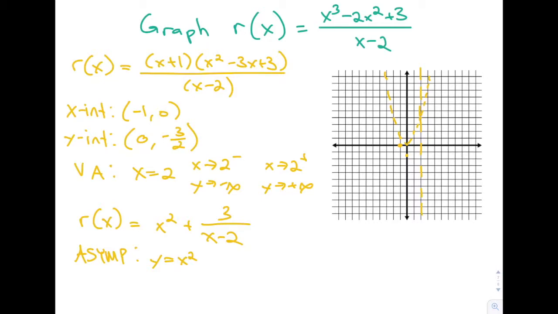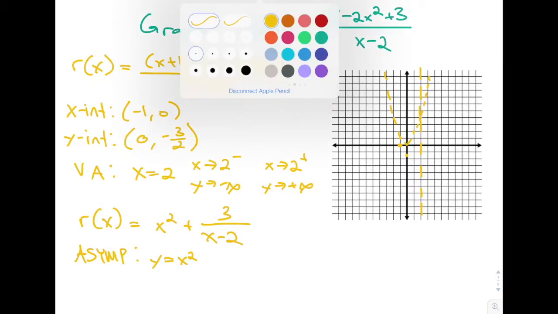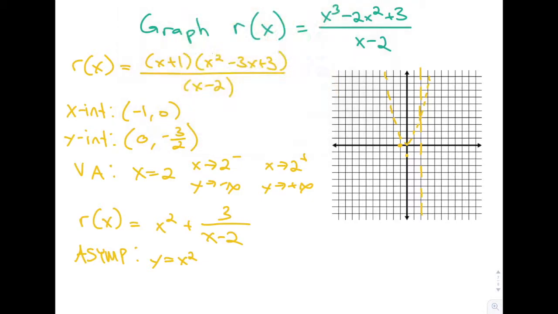And then to try some test values, if we do 1 minus 2 plus 3 over negative 1. So 1 minus 2 would be negative 1, plus 3 would be 2, over negative 1, so we get negative 2. Plug that in. And then now maybe we can kind of get a sense, but let's test r of 3 as well.